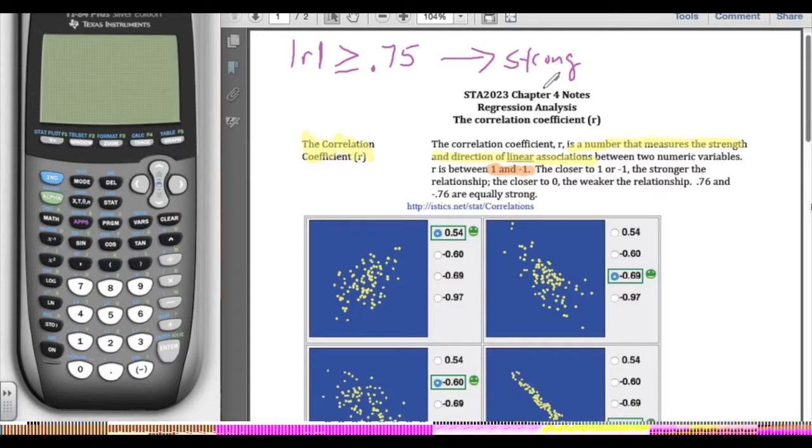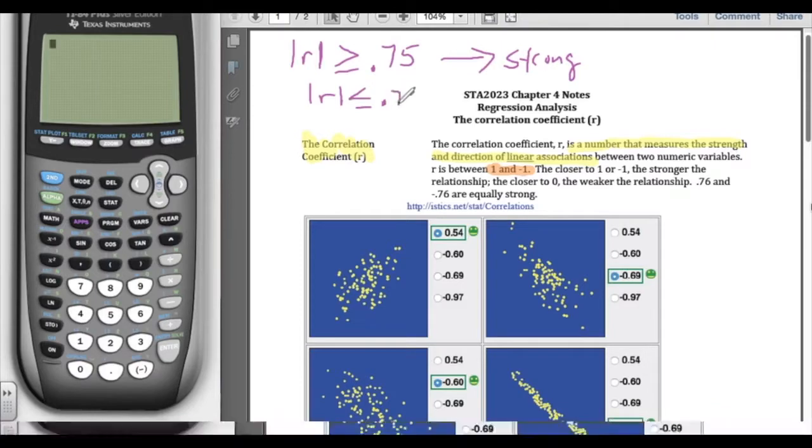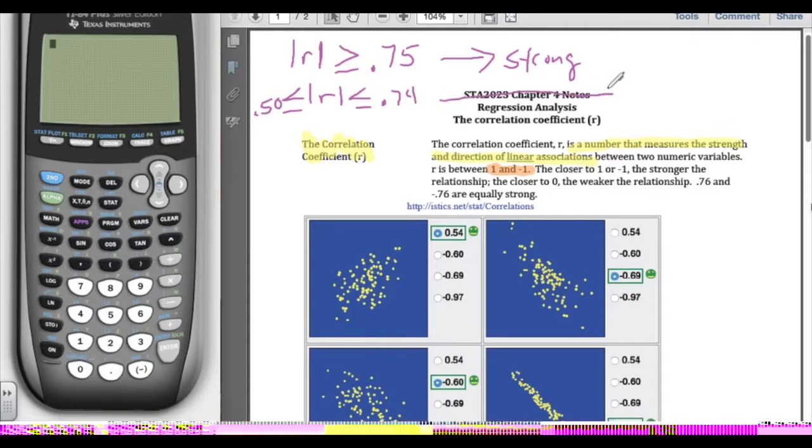Positive 0.92 and negative 0.97 are strong. I say that if the absolute value of r is in between 0.74 and 0.50, then it is a moderate relationship.